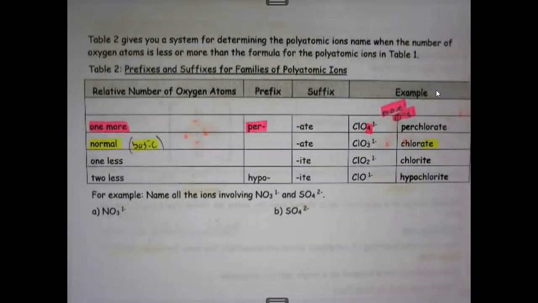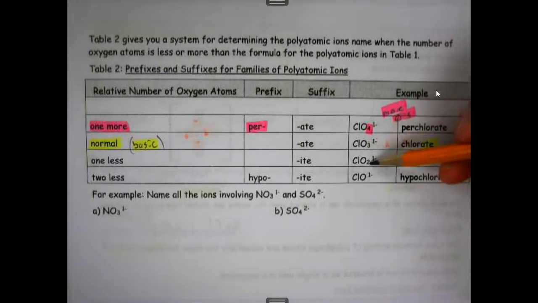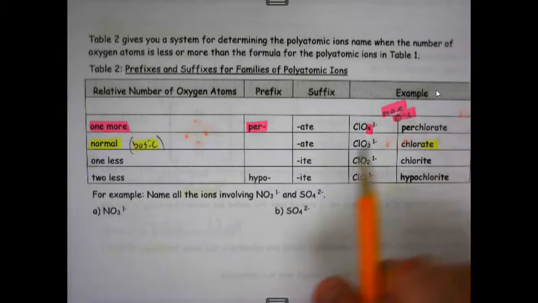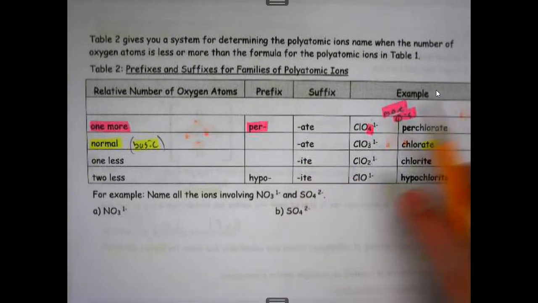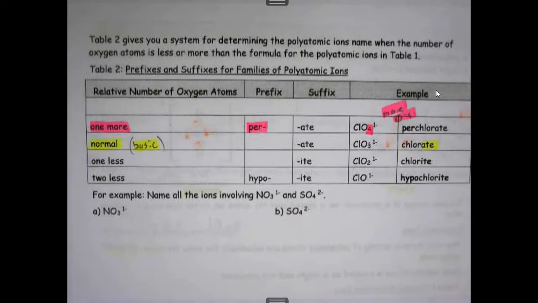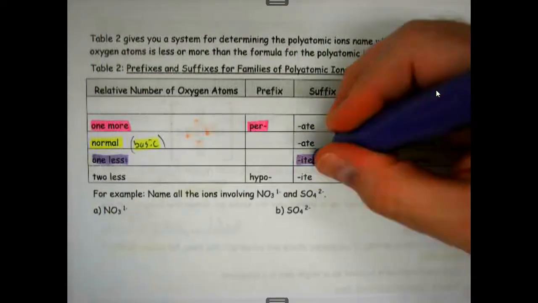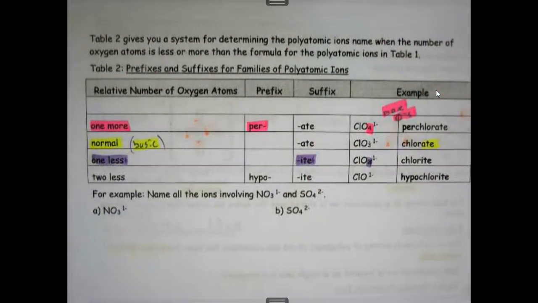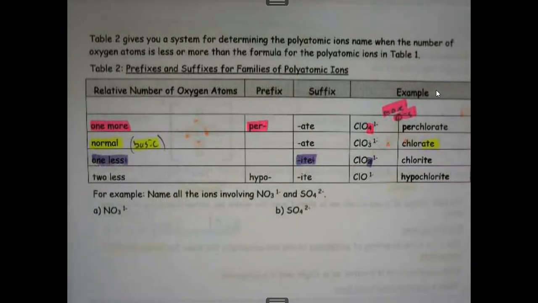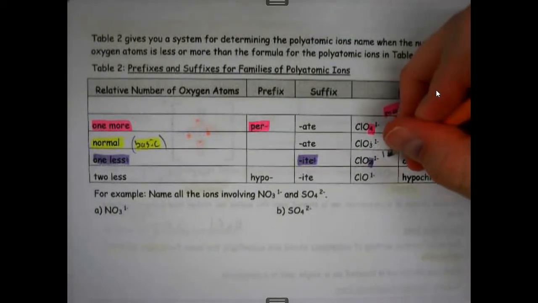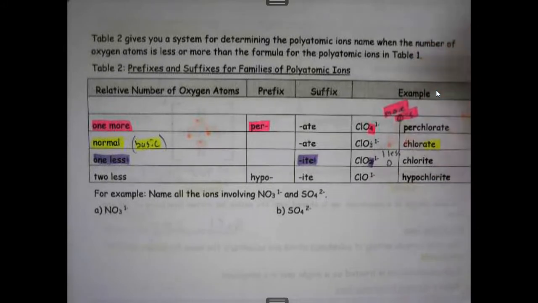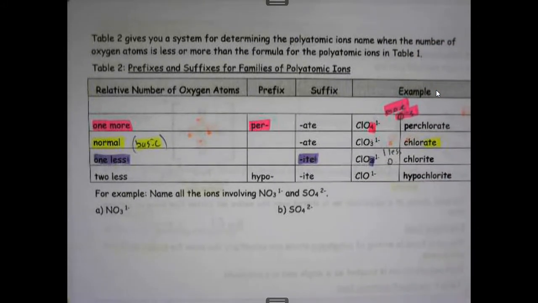We can always use this table as well. So if we notice that there's one less, or someone tells us that the ending is "ite" as opposed to "ate", then that's going to let us know that there's one less oxygen. So that becomes "ite" on the end. So one less O. And you'll notice that this kind of system continues.